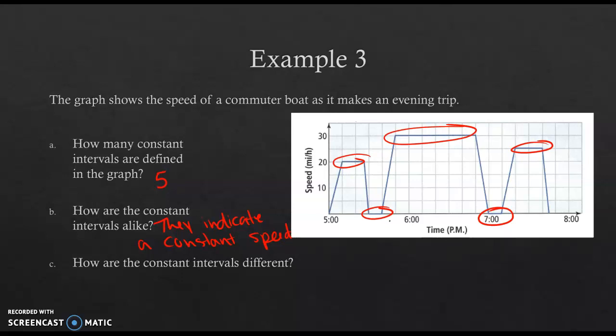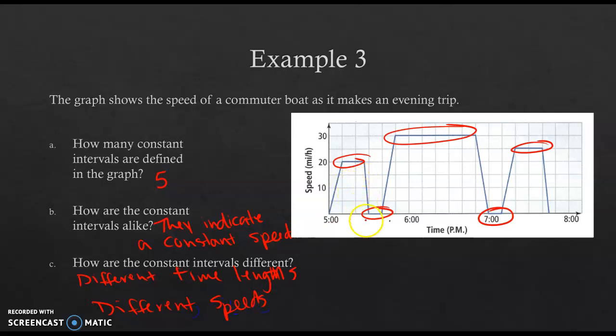And then it asked, how are they constant intervals different? And so some of the ways they are different is they have different time lengths, and they happen at different speeds.